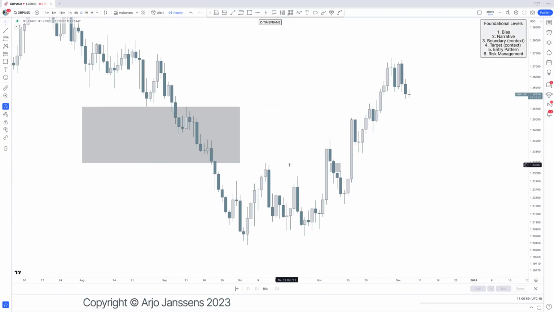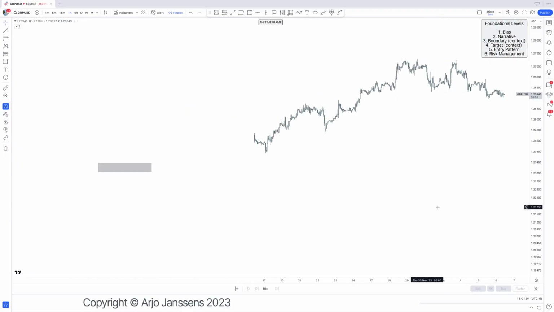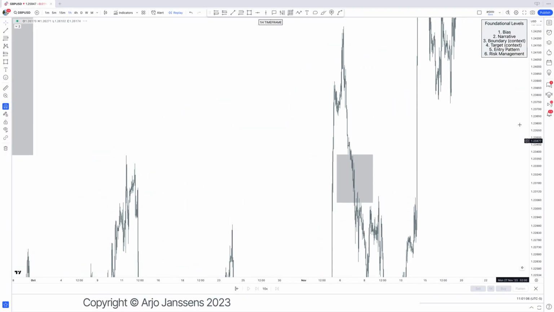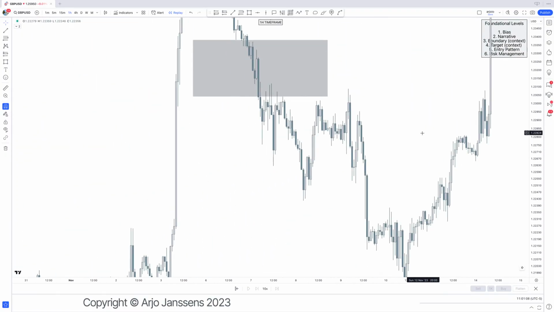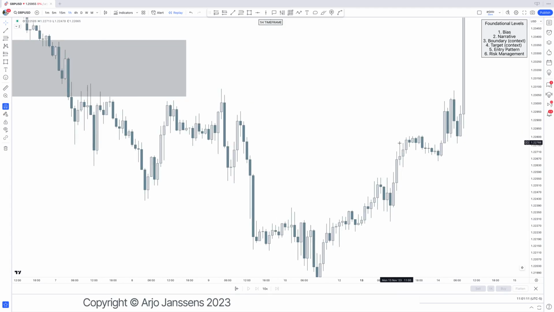And inside the daily ST, I wanted to see a 1 hour ST. So of that 1 hour ST right there, what would the entry be here?